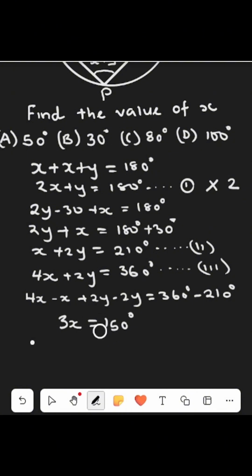Let us divide both sides by 3 to determine the value of x. x equals 50 degrees. Our correct option is A.